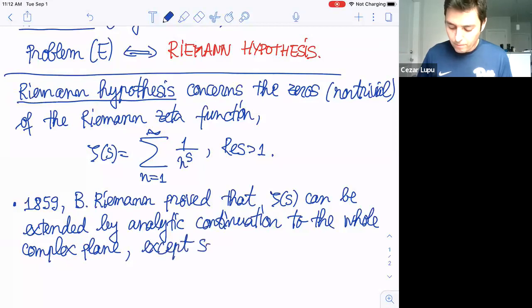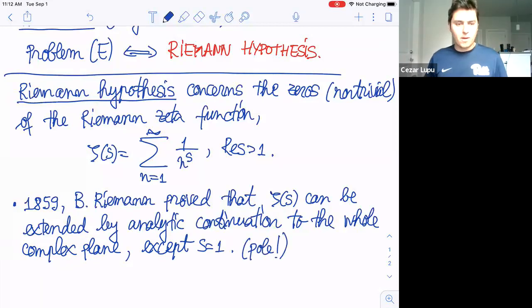At s equals 1, this is a pole with residue 1. Anyway, I don't want to get too much into details here, but this is one of the things he proved.